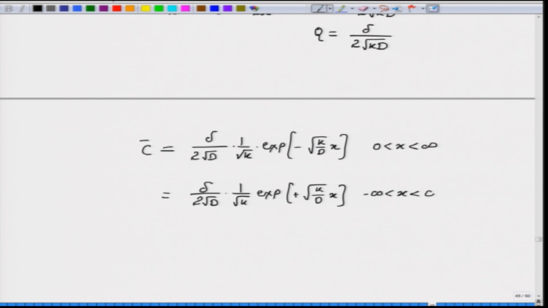So, again we can compare with the Laplace transform that we know.